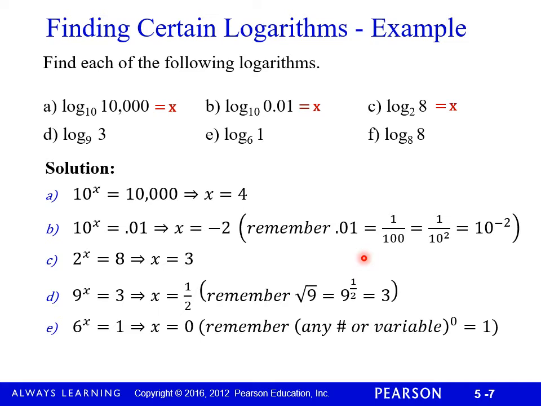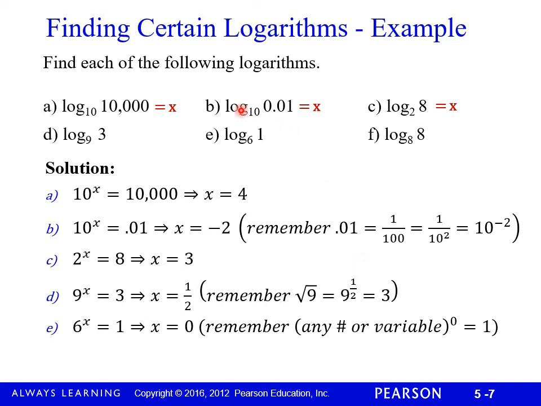For e, this is something we didn't learn earlier: 6 to the power of x equals 1. And this gives us x equals 0. Now why is that? Remember that any number, any variable to the 0 power equals 1.